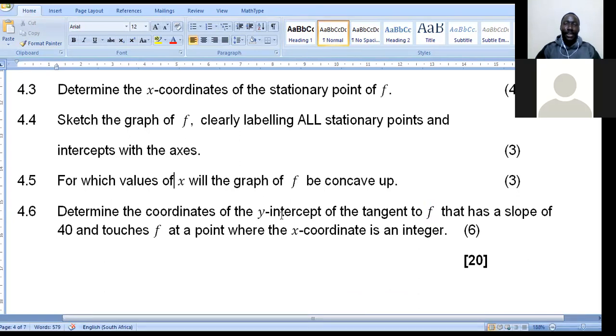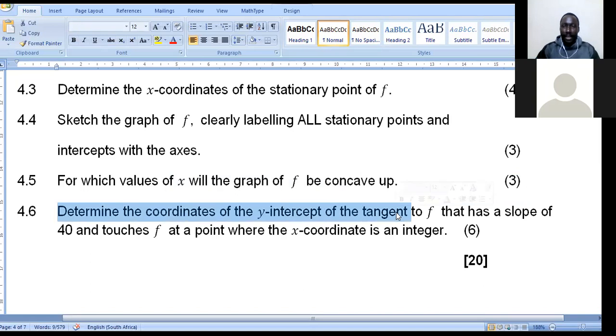Now this is a long question. Just read it out and you see how long the question is. Well, it's also 6 marks. Now we are going to break it down. We do it like this.